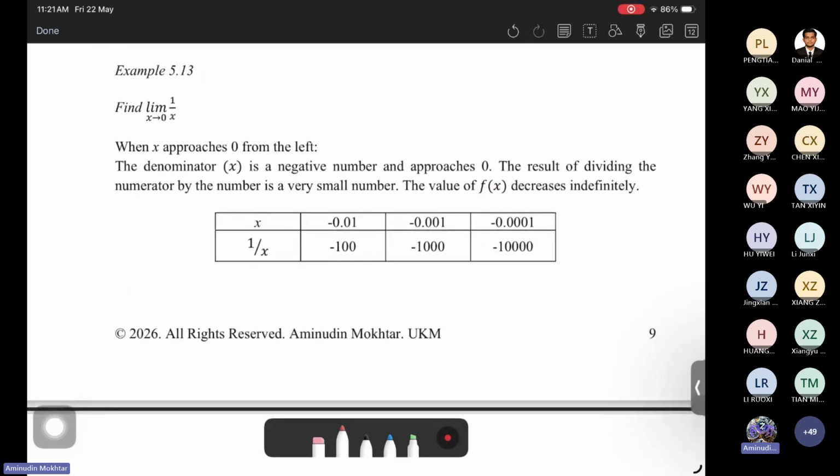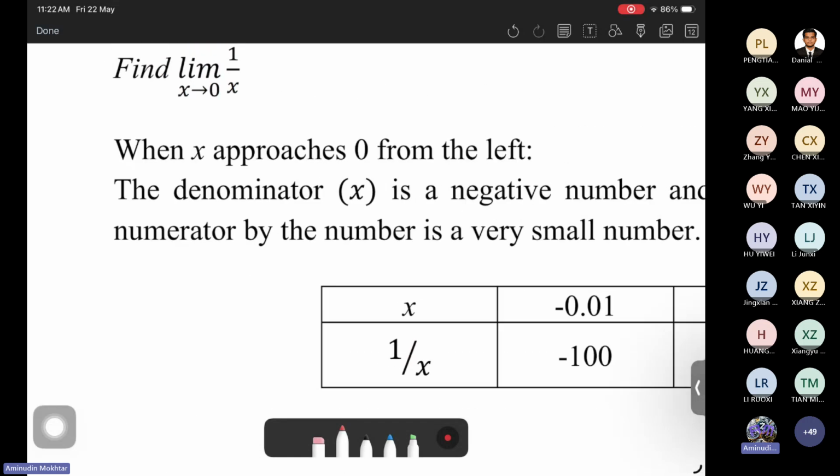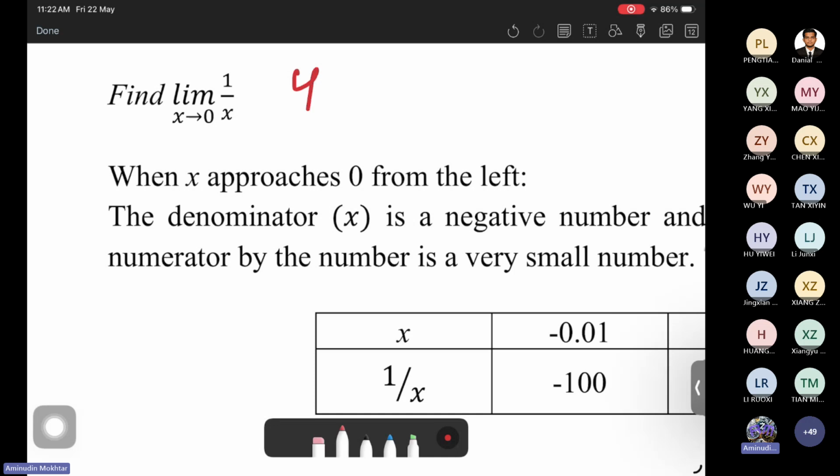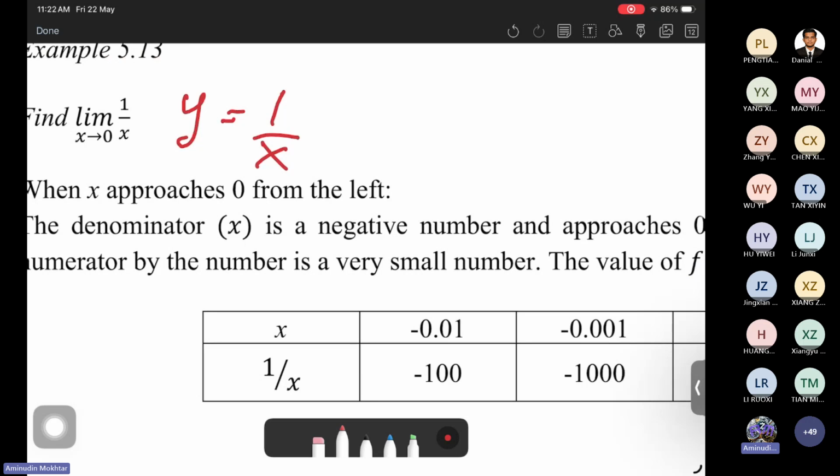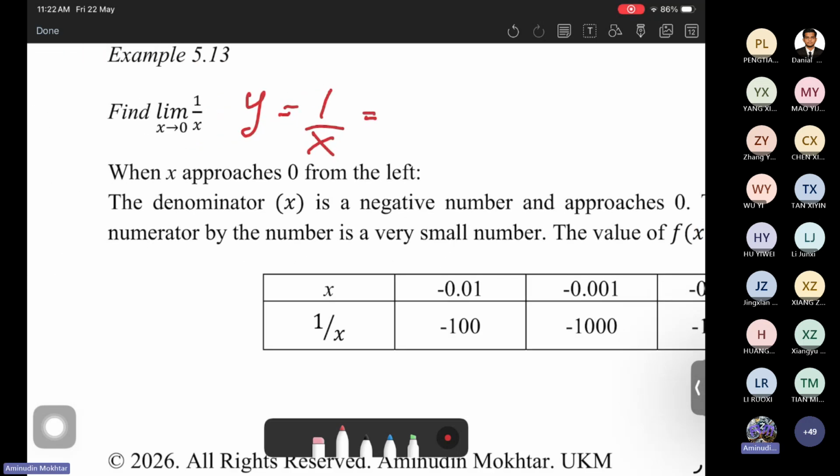The same goes for example 5.13, y equal to 1 over x. When x approaches 0, based on the rule of limit, we can substitute x equals 0 into the equation. 1 divided by 0, the answer is undefined.